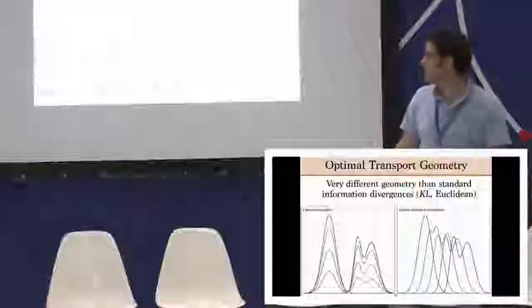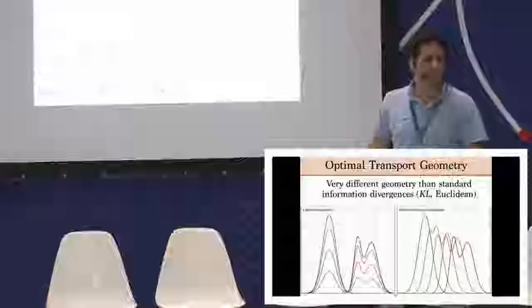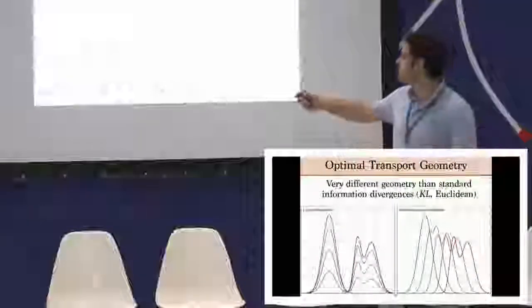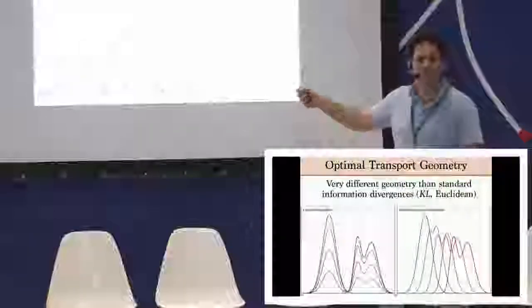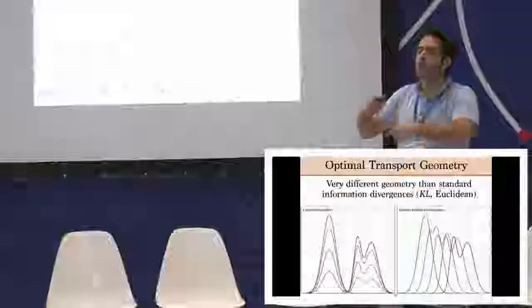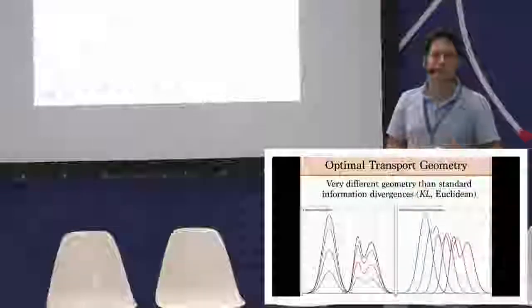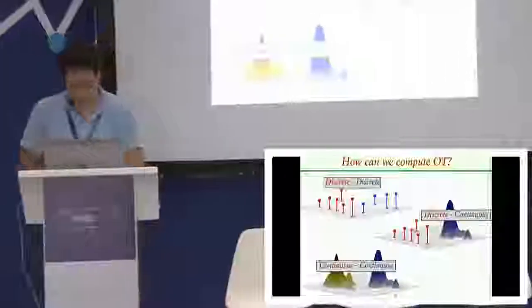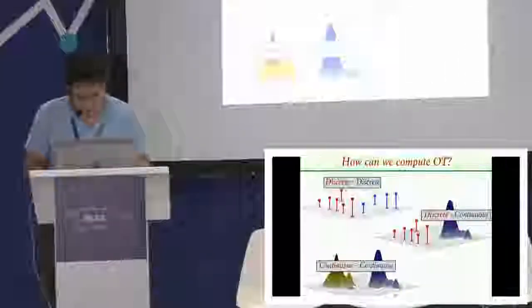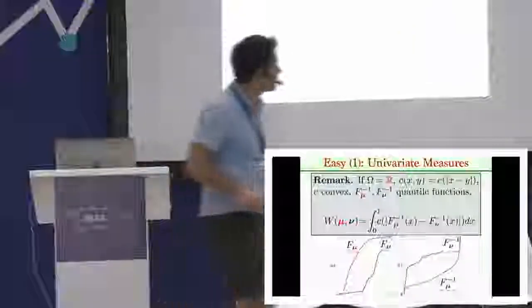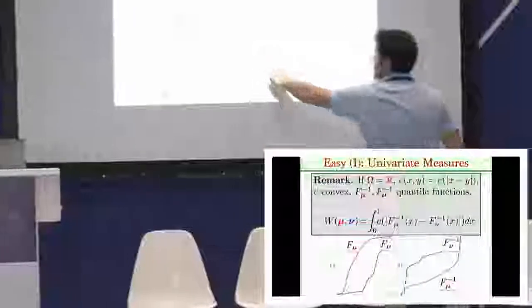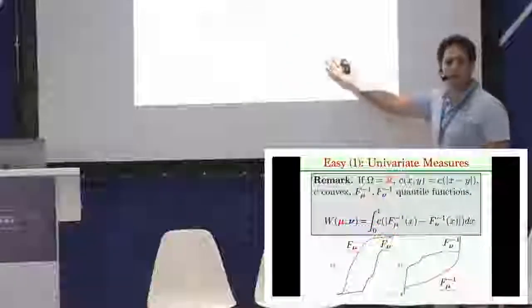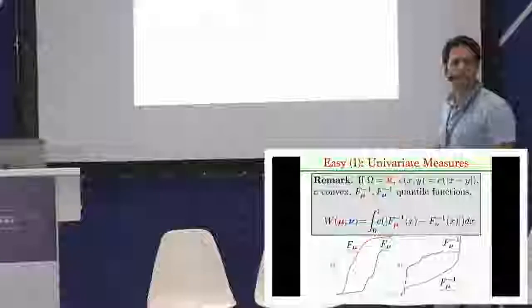The only thing you do is compute the quantile function of this blue curve, the quantile function of this red curve, and then you play this elevator game where you take the sum of the two, or interpolate linearly between them, and then you go back to the density that corresponds to this interpolation of the quantile functions. So in this particular curve here, it would be like summing 1/2 of this plus 1/2 of this, you get a curve that's somewhere in the middle, and then you take the density corresponding to that quantile function to get the average.